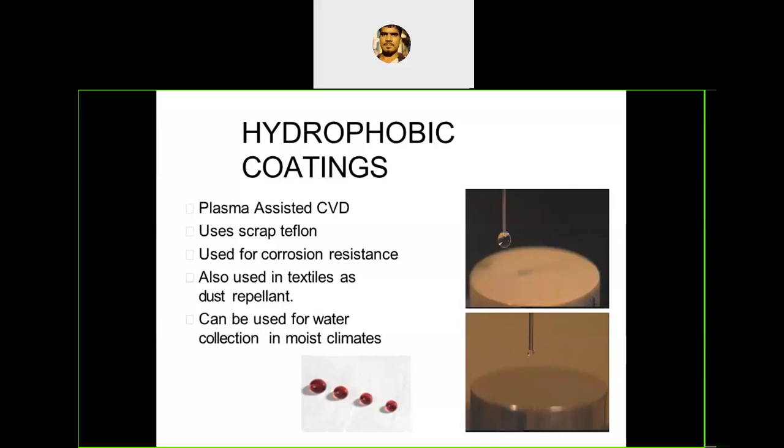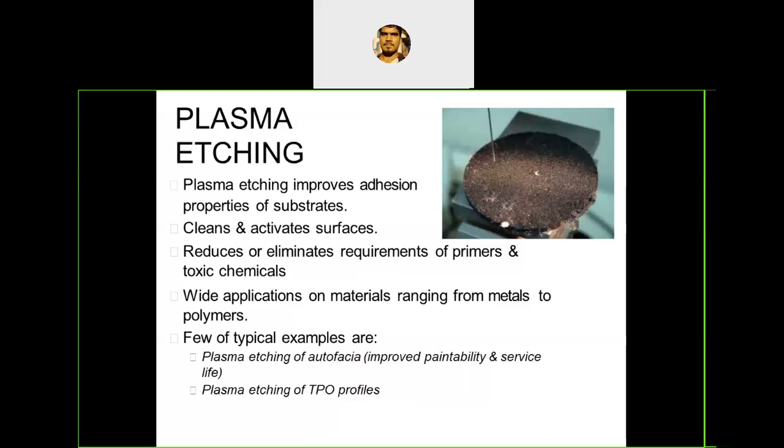Hydrophobic coating is a different type of coating. We will just see the process. Plasma assisted CVD, this is what plasma assisted CVD is. Here water particles are collected on the substrate surface. This is plasma etching.